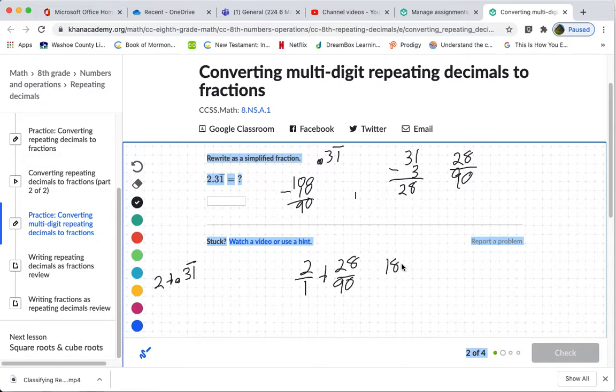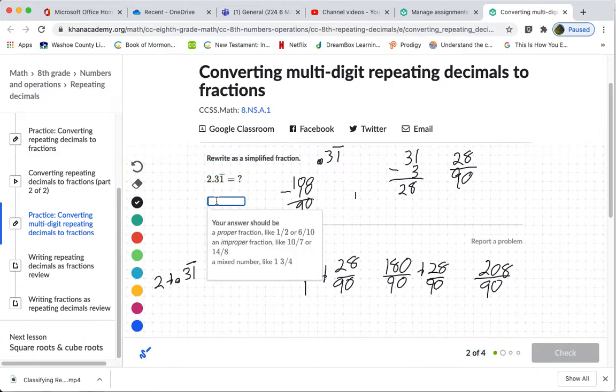That's 180 now over 90, plus 28 over 90. And that's going to give us 180 plus 28 is 208 over 90. And you should be fine without reducing it. So let's try that. 208 divided by 90.